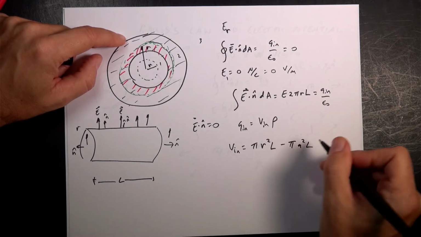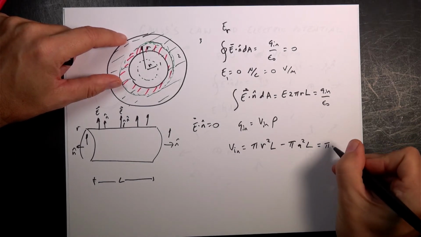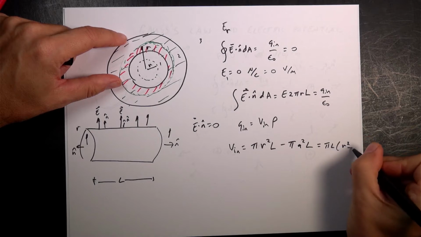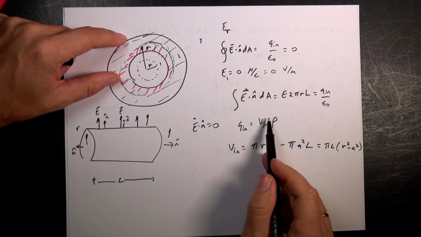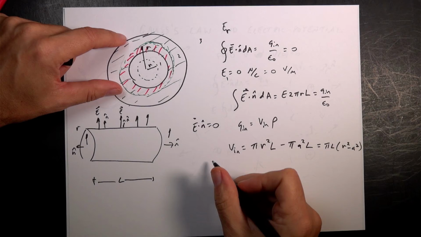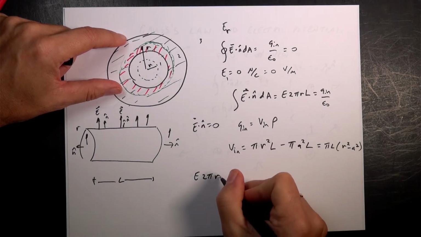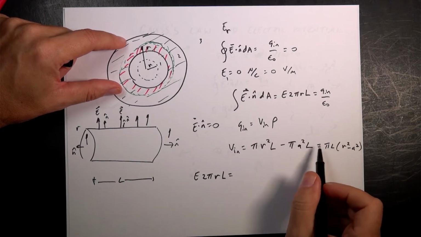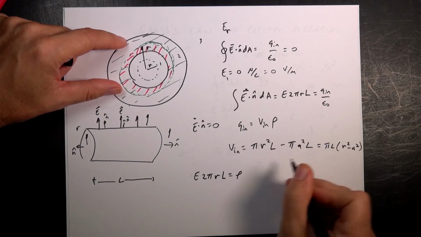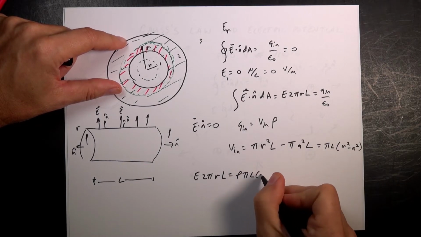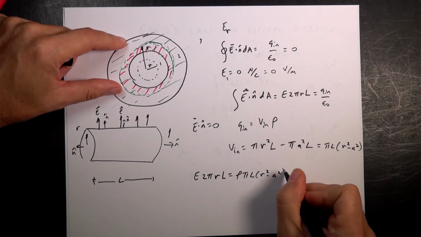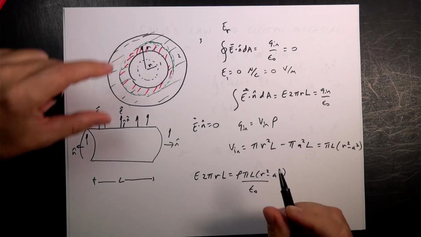I can factor out a pi and an L, so I get pi L times r squared minus a squared. So that's Vn. So now I have the whole thing. I can put it all together. I get E times 2 pi r L equals Qn, which is going to be rho times that pi L times r squared minus a squared, all of that over epsilon naught.